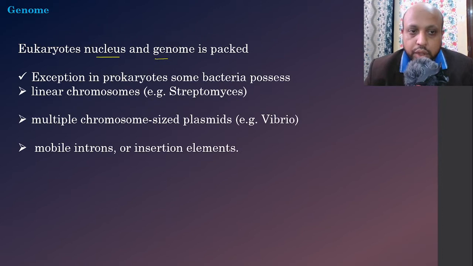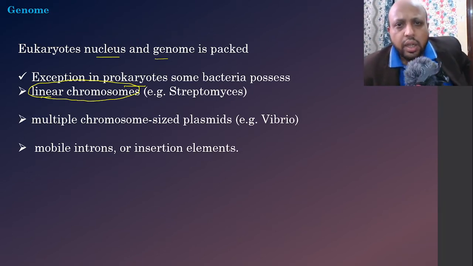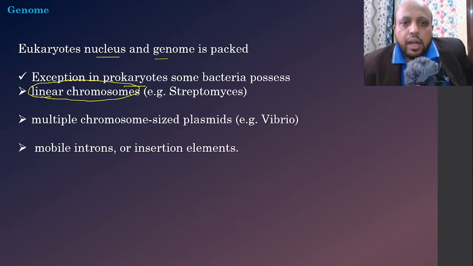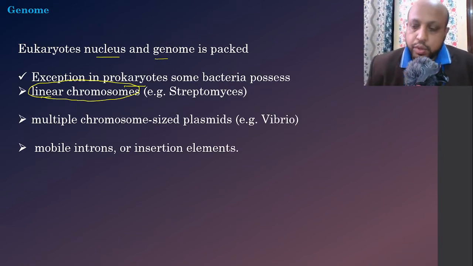And what are those exceptions? There are exceptions in prokaryotic systems, like some bacteria also consist of a linear chromosome. Usually we know that the bacterial chromosome is circular, minuscule in size, and not linear.